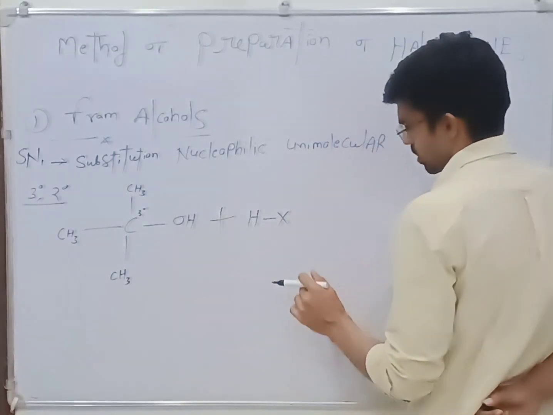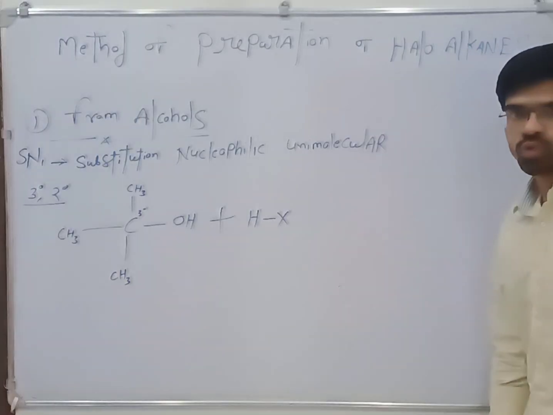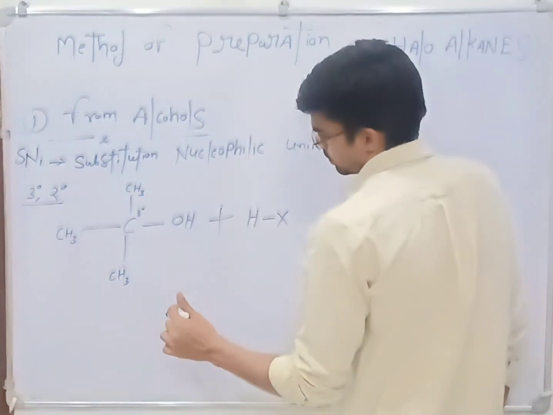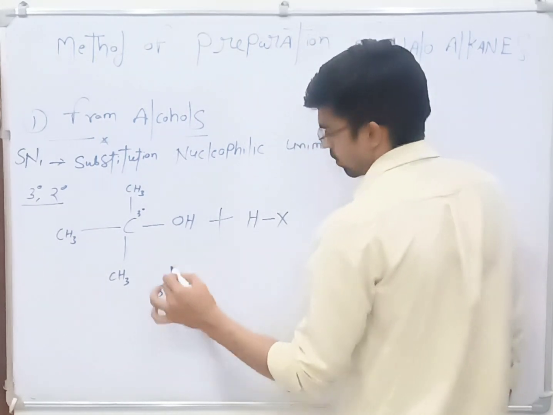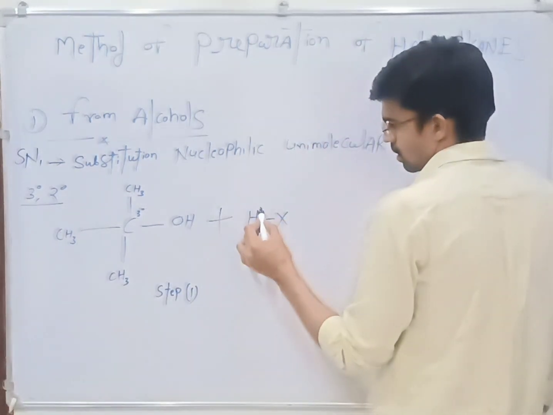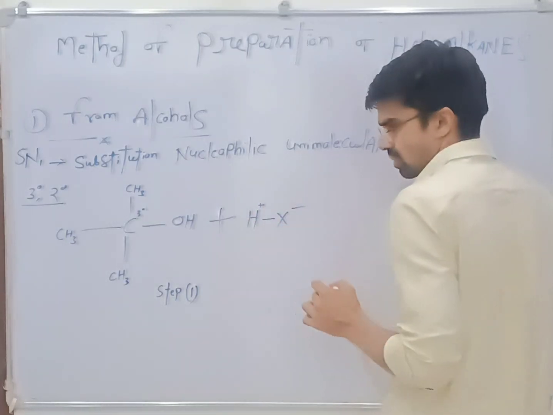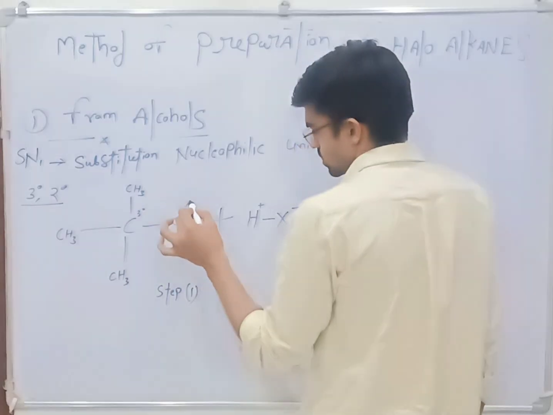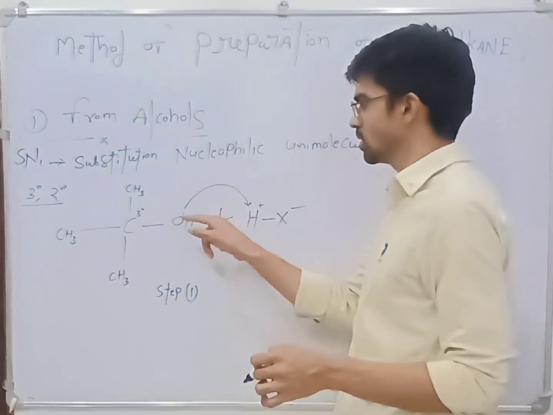Okay. Now what will happen? The reaction will proceed in 2 steps. In step number 1, what will happen? This will break down in the form of H plus and X minus. Again, the oxygen will donate its electron to the H plus and form a bond with H plus.